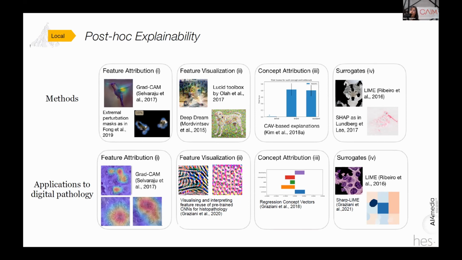And well, feature visualization, we talked already about it, and there are two other branches that are concept attribution and surrogate models. On concept attribution, I think we have a tiny bit of explanation that will come also later. But for surrogates, the idea is really similar to what I was explaining before. You have your decision function that is a complex curve, and you're trying to find a surrogate model that can replace your model in a locality, and that is easier to interpret because you're using an inherently interpretable model as a surrogate.